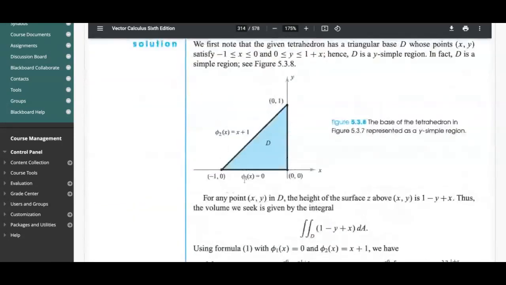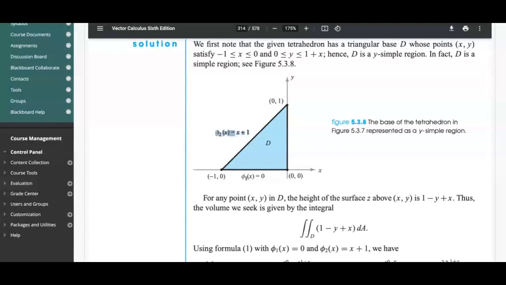The textbook says to fix the x direction. My x direction goes from -1 to 0. Then my y direction goes from 0 up to this line. If you have 2 points, you can find the line representation.